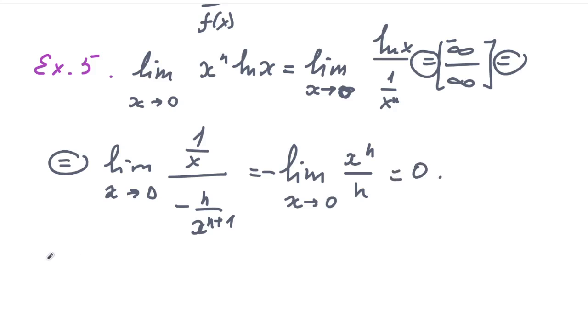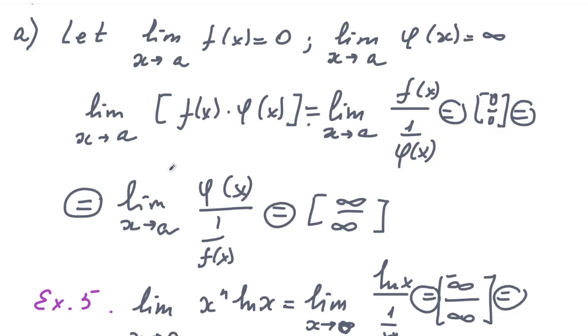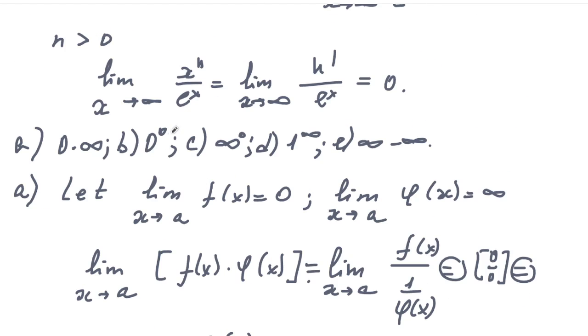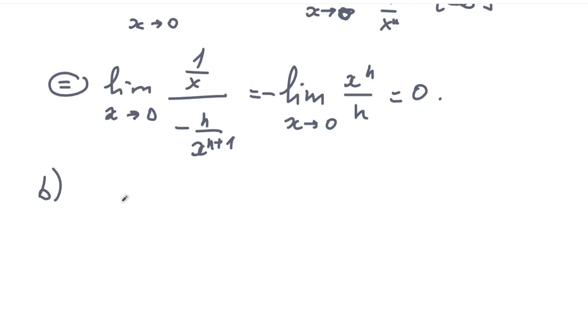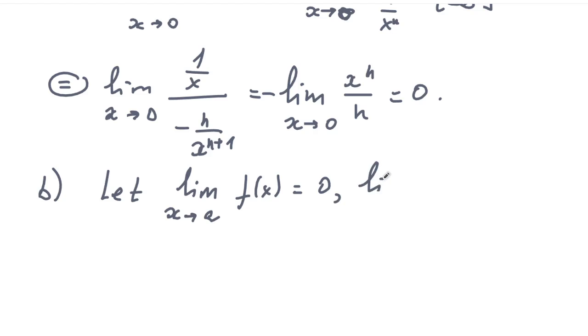Consider the case B. In the case B, we have 0 to the power of 0. Let limit as x approaches a of f of x be 0, and limit as x approaches a of phi of x be 0 too.